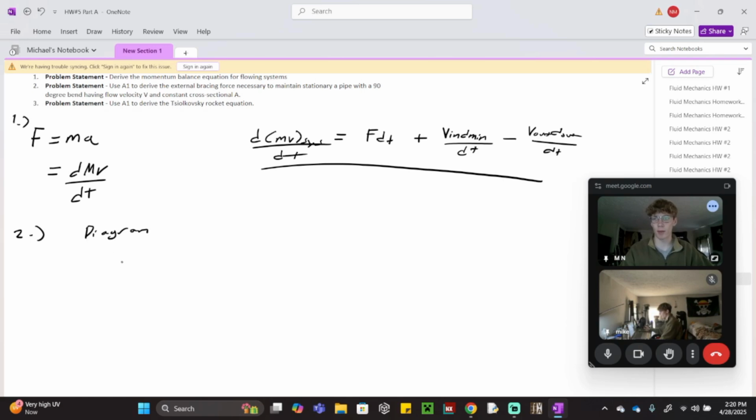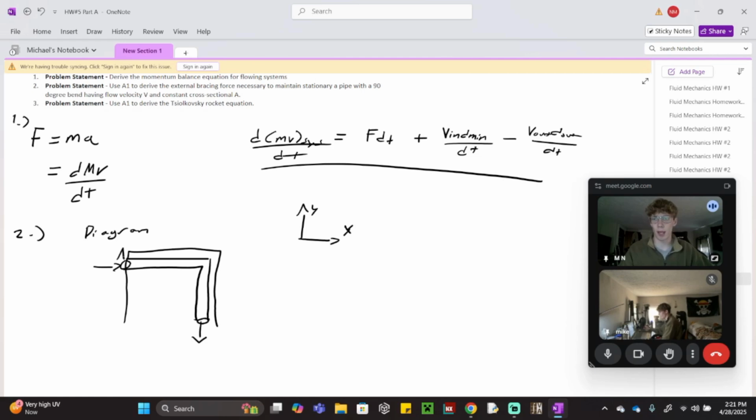We have our stationary pipe here with our 90-degree angle. The cross-sectional area is the same throughout, and we have a flow going in and a flow coming out.